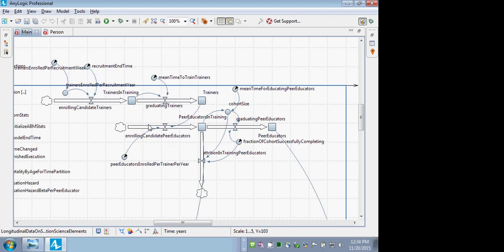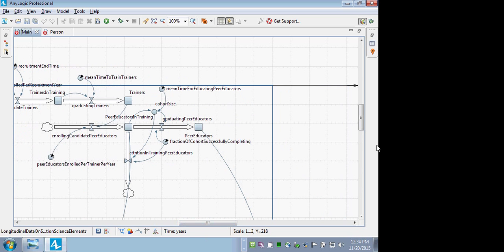And to train those peer educators, we need trainers who have a higher level of expertise and understanding of the health context and so on. So we have trainers in training, and then trainers who are now deployed who can train peer educators, and these peer educators then go off and they can start to influence people in terms of cessation or in terms of discouraging uptake of smoking.